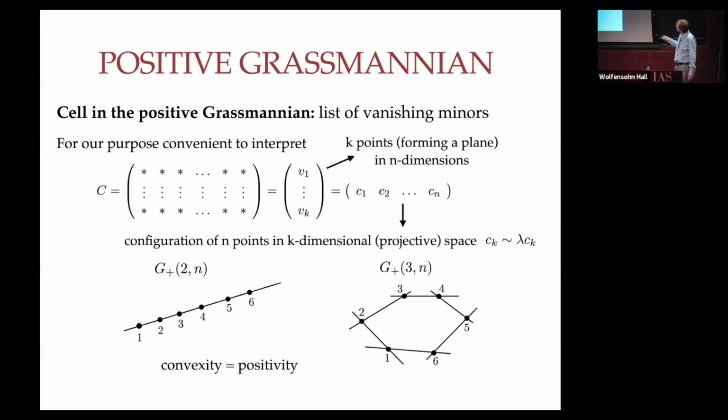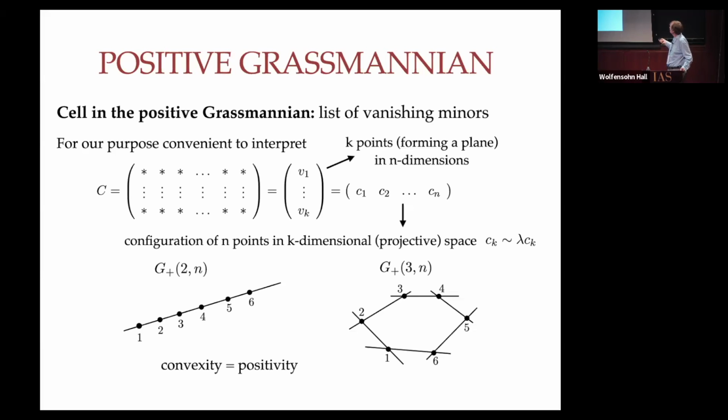It's useful to think about it as projective space, so rescale the columns of this matrix. The simplest non-trivial example, the Grassmannian G(2,n), so a 2 by n matrix, would be points on a line. And the positivity implies convexity. Here it means that these points are ordered 1, 2, 3, 4 up to n. And this guarantees that the ordered 2 by 2 minors are positive.